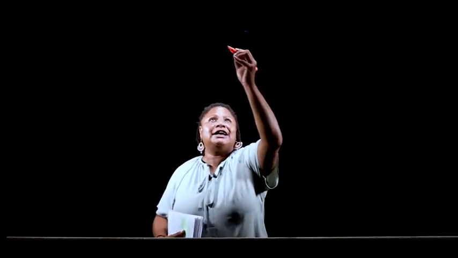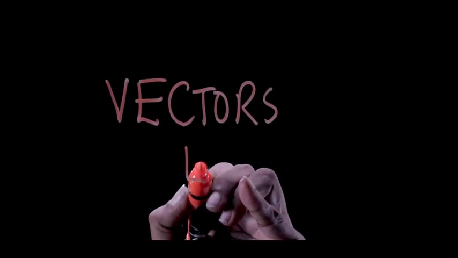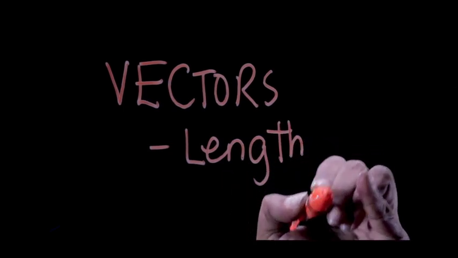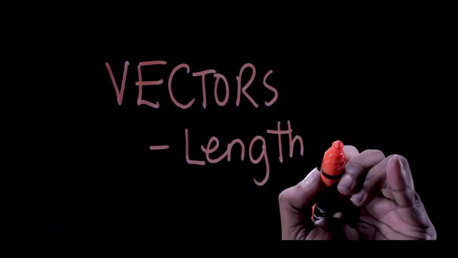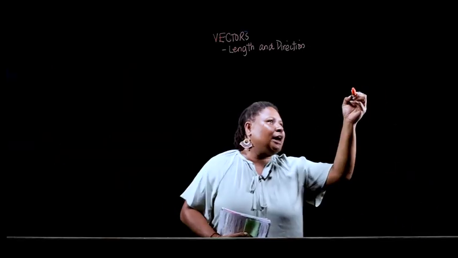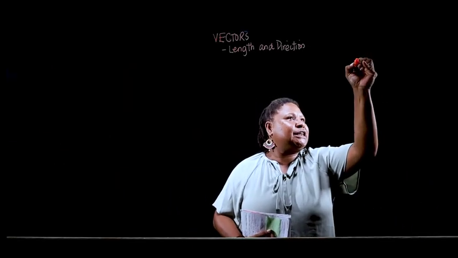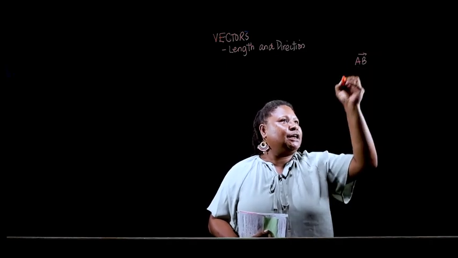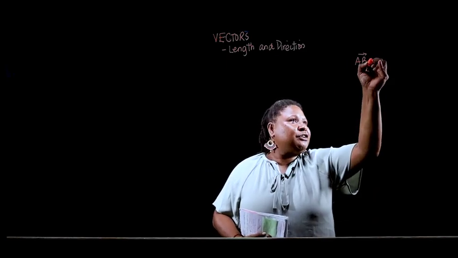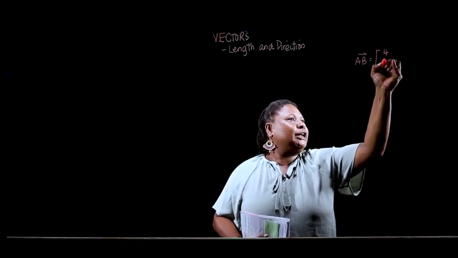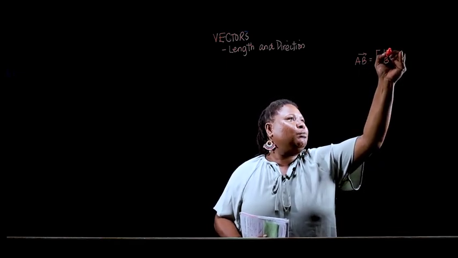In our last lesson, we looked at vectors. But in today's lesson, we are going to look at direction as well as the magnitude of the vector. Now, a vector can be represented as, let's say vector AB, as a matrix with the x component and the y component.